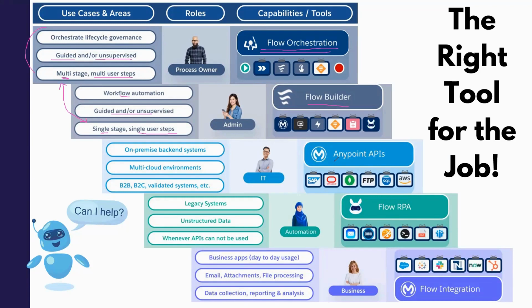Okay, anypoint APIs. This is when you have that backend system, and you need to make a connection to it with a system API. And that'll do the trick. Or a legacy system. Now, legacy actually is more into RPA, but I'm talking about a legacy system that you can create an API for. Who was it that recommended, when we were working with the bot, and he said, we just need to create an API for this web page.